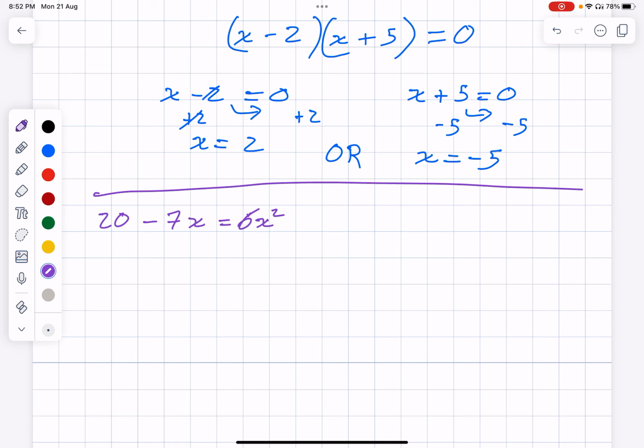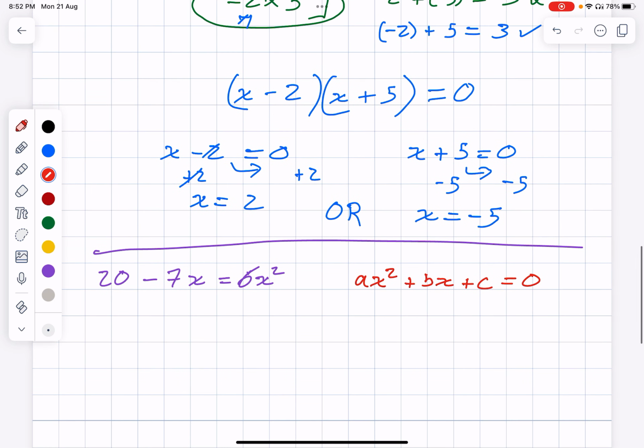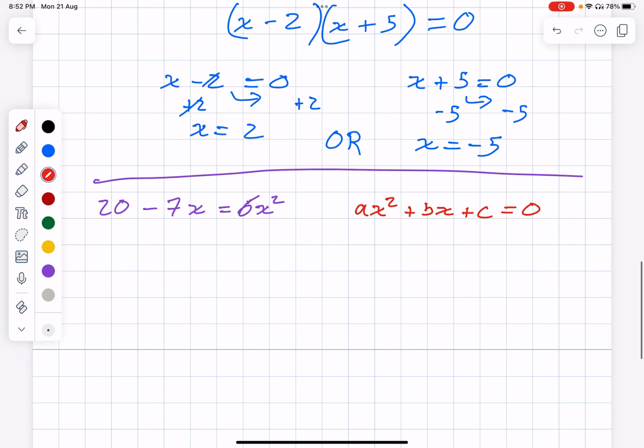Firstly, arrange the equation in the form of ax squared plus bx plus c and equal to 0. You should always put 0 on the other side and everything else on the left, so that you can easily answer the question.